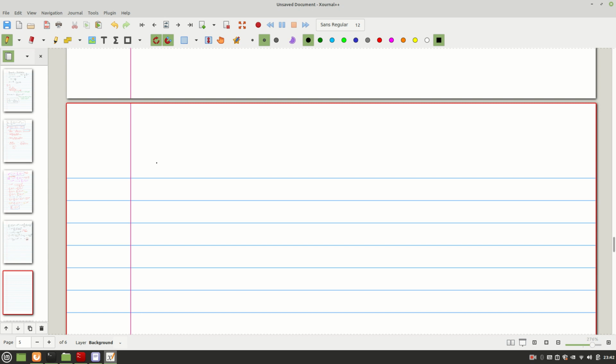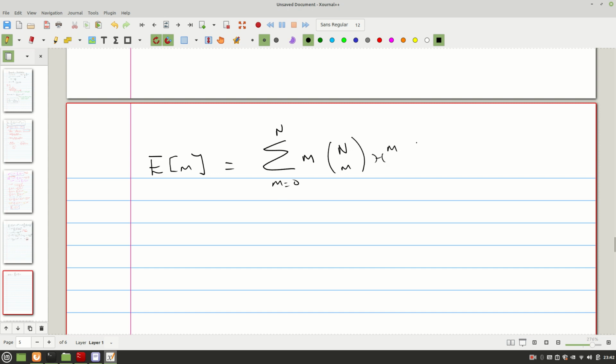So let's start. The expectation of m, well, we know what it is in terms of a formula. We just need to take the original term, multiply it by m, and find the sum of m times n choose m, mu to the m times 1 minus mu to the n minus m.